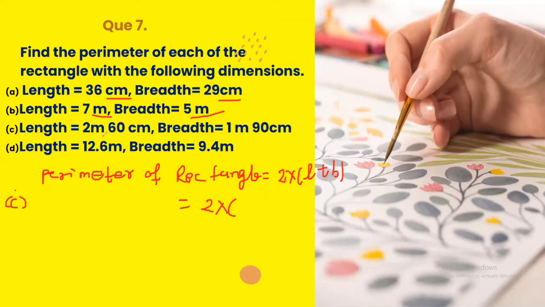Length, you can check, is 2 meter and 60 centimeter, so you can write 2 meter 60 centimeter plus 1 meter and 90 centimeter. Remember one thing: meter will be added in meter and centimeter will be added into centimeter. So 2 meter and 1 meter will be 3 meter, and 60 plus 90 will be 150 what?